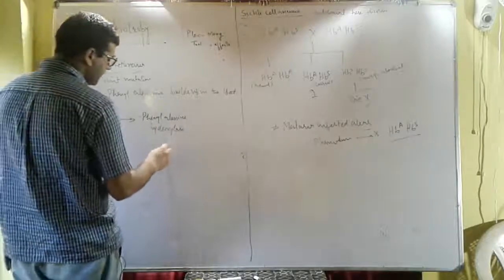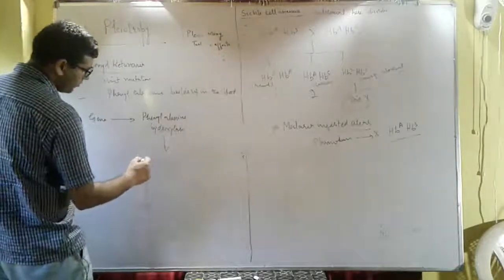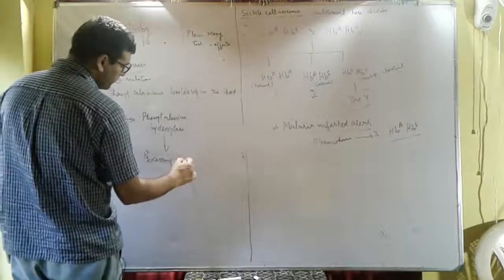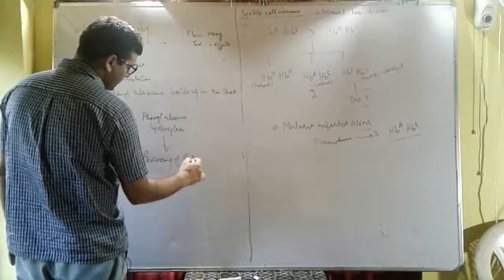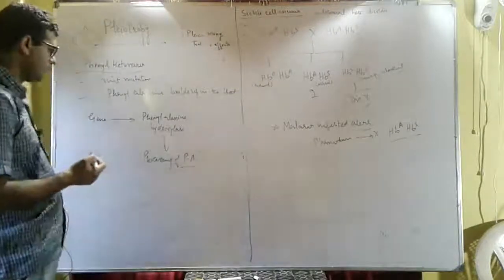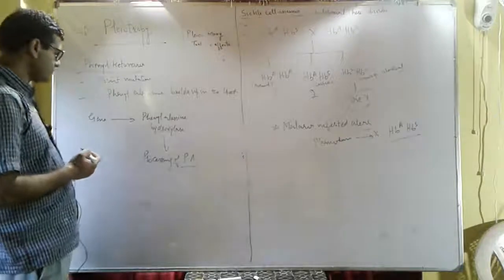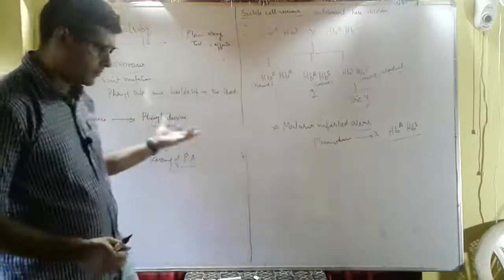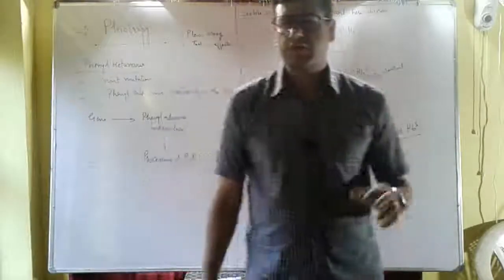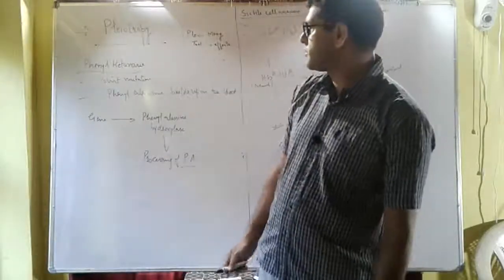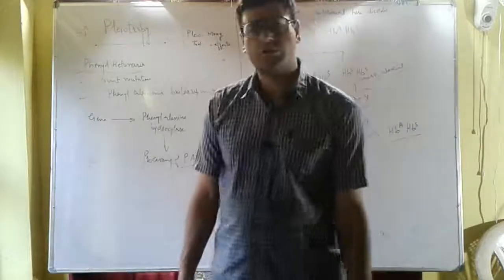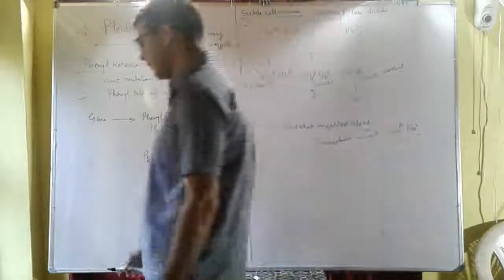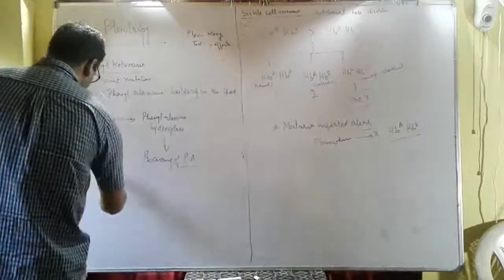This enzyme is responsible for the processing of the amino acid phenylalanine. This is the major effect of this point mutation. Now, what are the secondary effects? Those persons suffering from phenylketonuria, where this enzyme is not synthesized, have severe secondary effects.